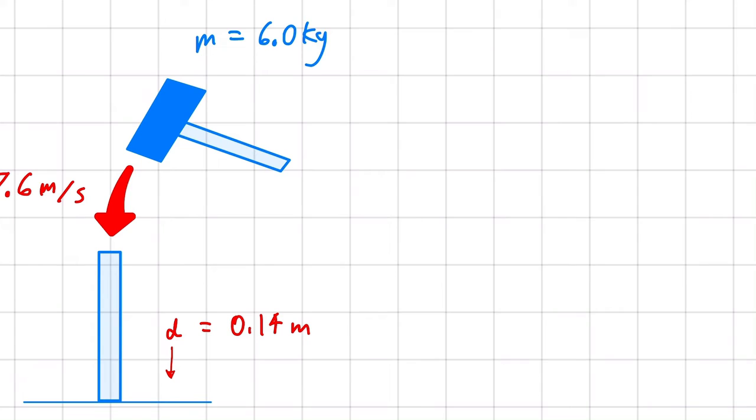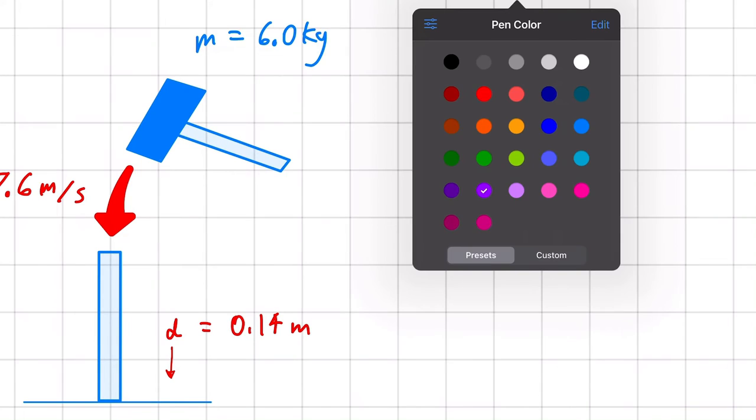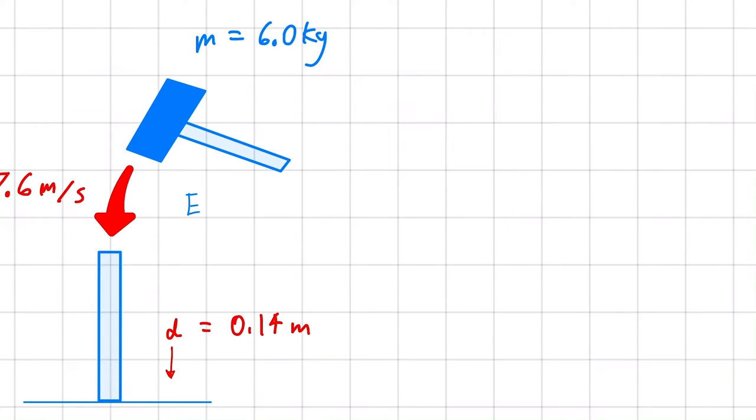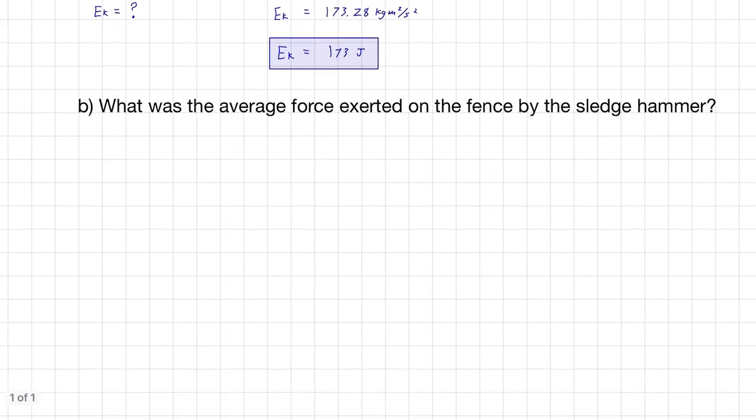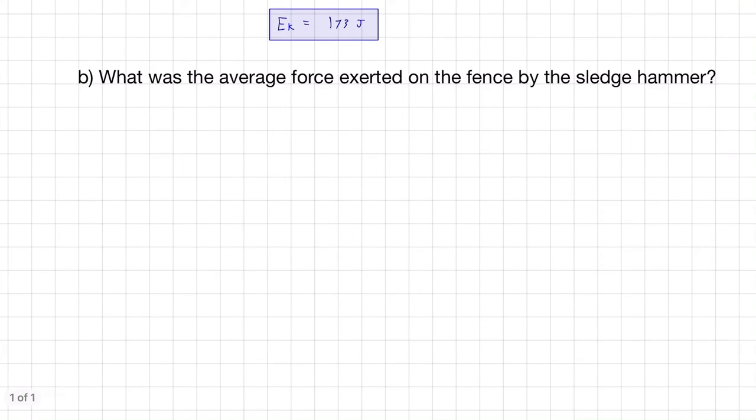So I'm going to write here in blue that EK is equal to 173 joules.